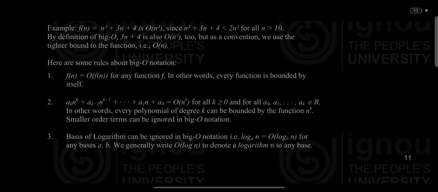In other words, every function is bounded by itself. 2. a_k n to the power k + a_(k-1) n to the power k-1 + ... + a1 n + a0 is equal to big O n to the power k, for all k greater than or equal to 0 and for all a0, a1 till ak real.